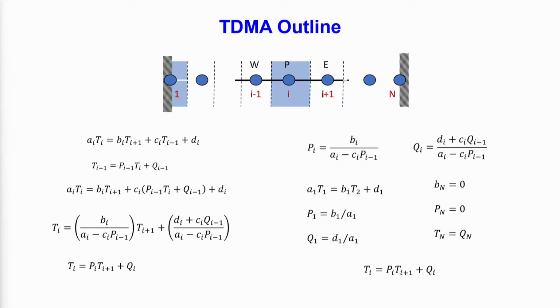what you have is Ti equal to Ti minus 1, for example, say if W was there at the boundary. So Ti minus 1 is equal to Pi minus 1 Ti plus Qi minus 1. How it comes, let me give you a specific example. Let us consider one particular case.